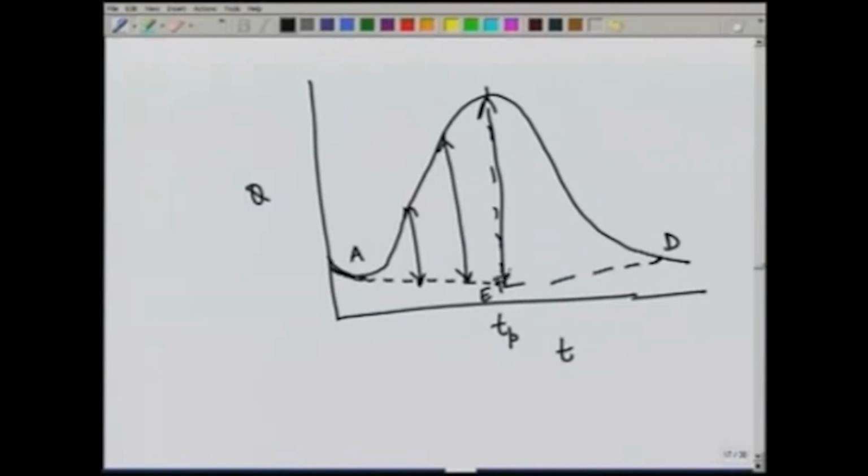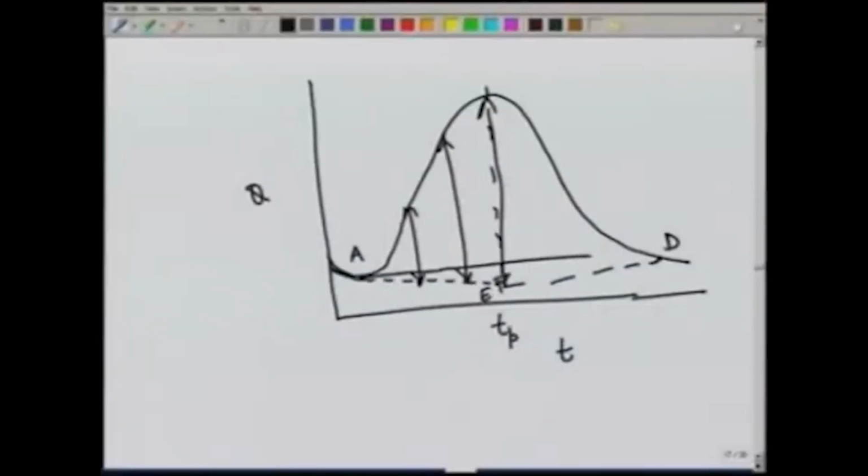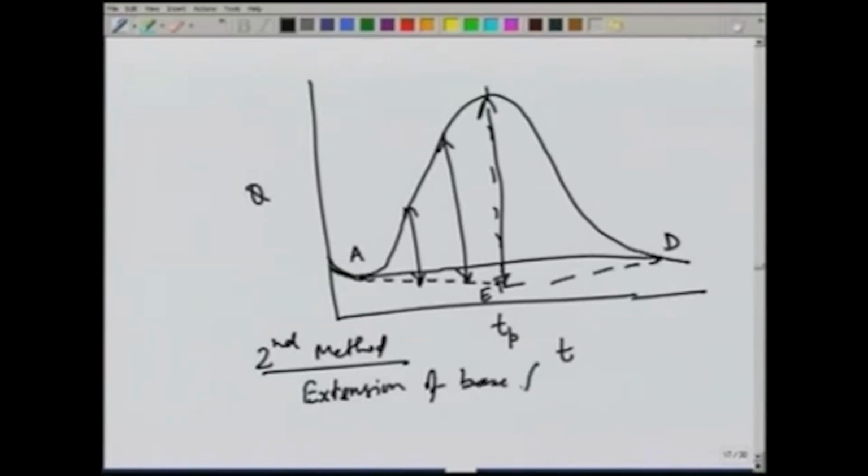So, you can see that compared to the previous straight line method which used to join A and D, this method typically gives a higher peak. So, in this what we have done is extension of base flow forward from A. So, this is method 2, in which we extend the base flow forward.